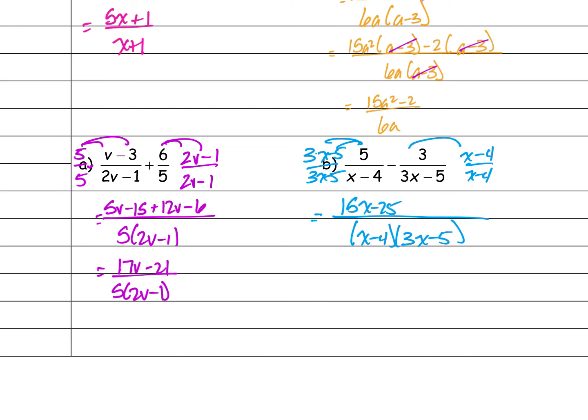And this is a negative 3 I'm distributing, so I get negative 3x plus 12. So that should be 12x minus 13 all over x minus 4 times 3x minus 5. Done. Nice job.